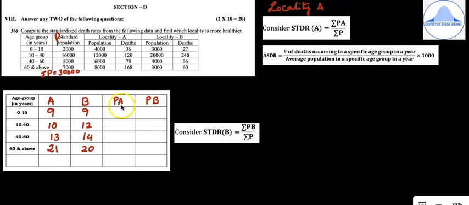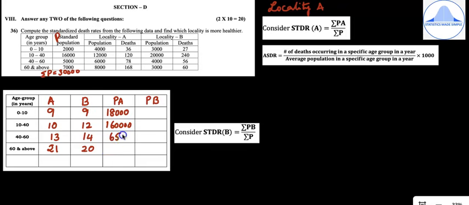Next, we'll find out PA. How do you calculate PA? It will be 9 into 2000. So the first calculated value is 18,000. Similarly, the next calculation will be 10 into 16,000, which will be 1,60,000.